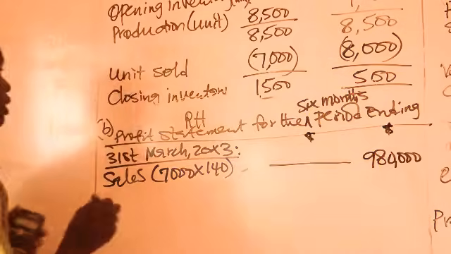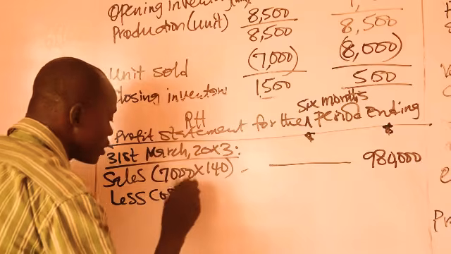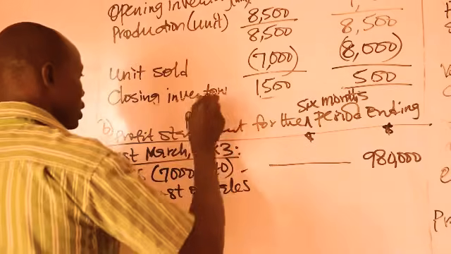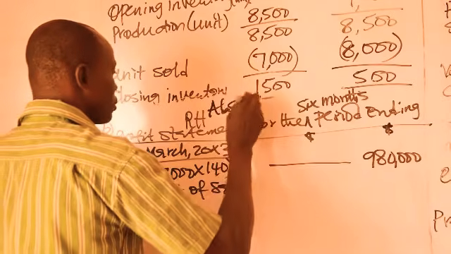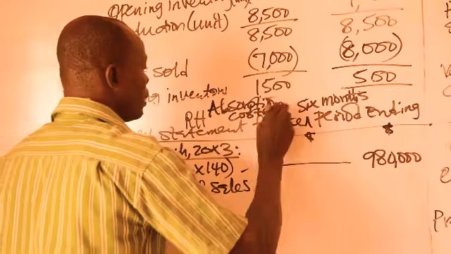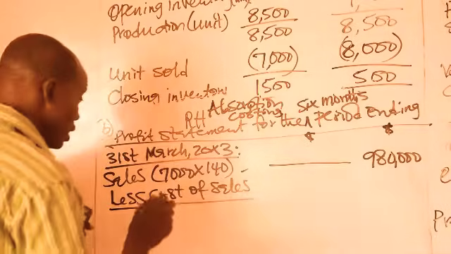Since it is absorption costing, you now less cost of sales. You are using the absorption costing method, so less cost of sales, not variable cost this time around.